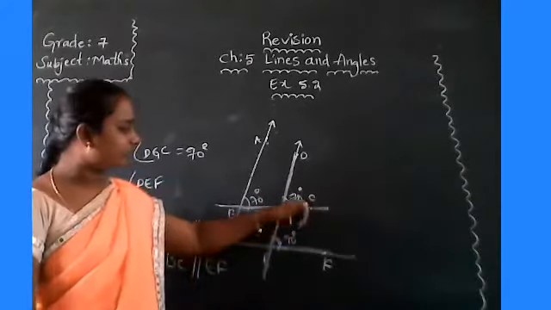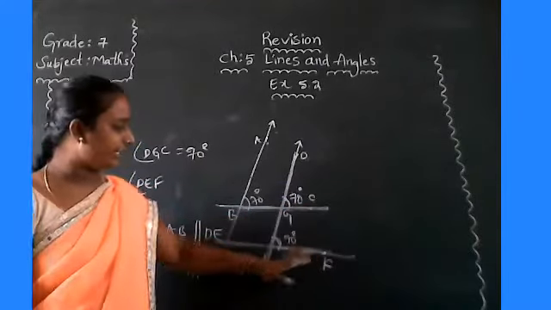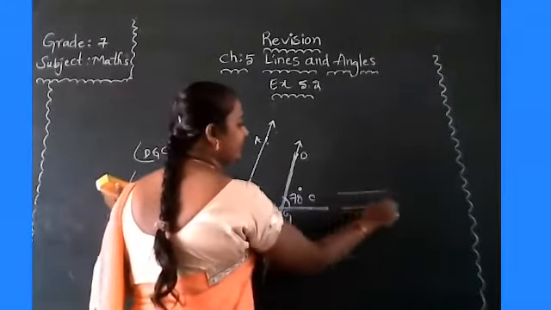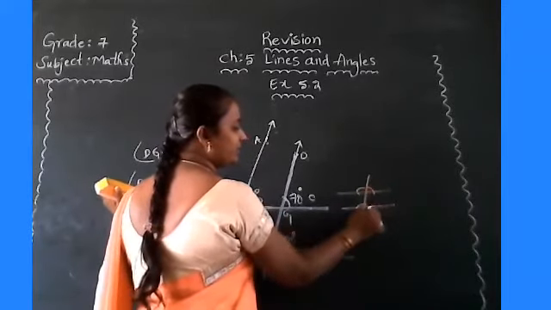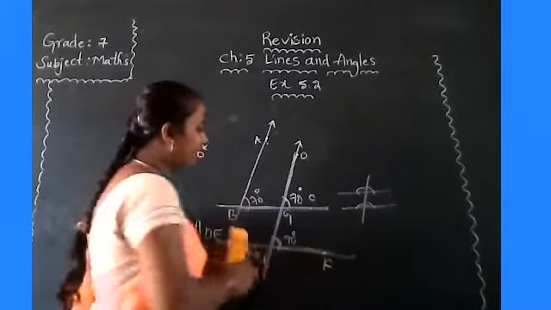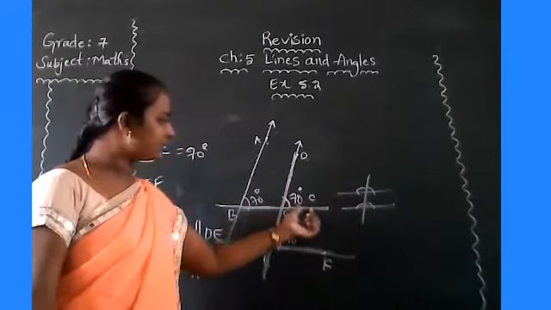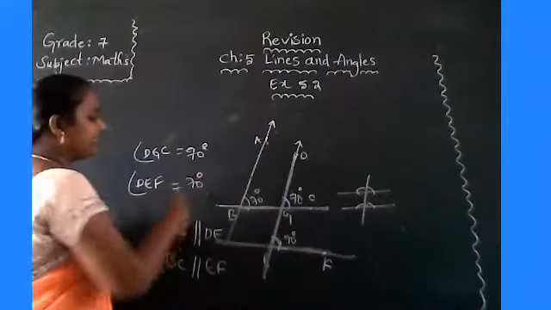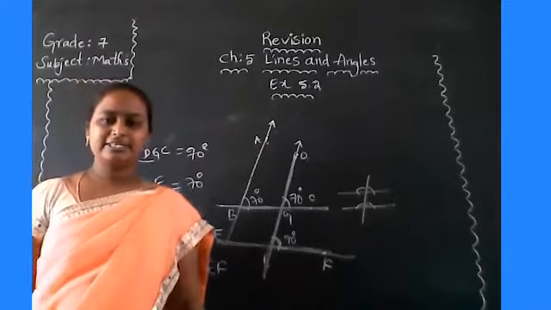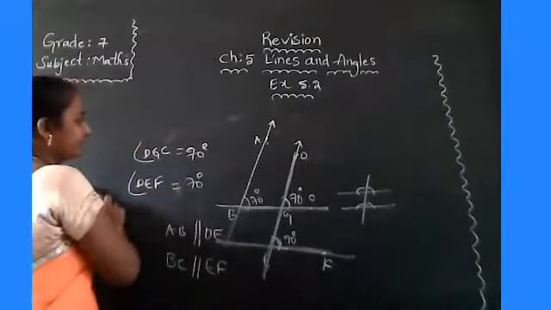You have seen these previously; these are the corresponding angles. So like that, angle DGC is equal to 70 degrees and angle DEF is equal to 70 degrees. Right, children? Very good.